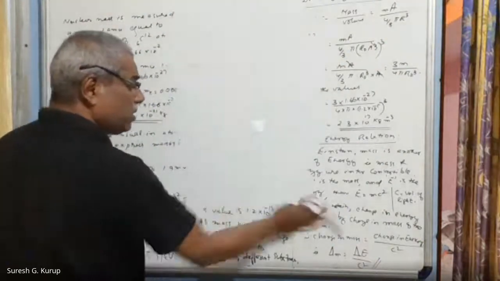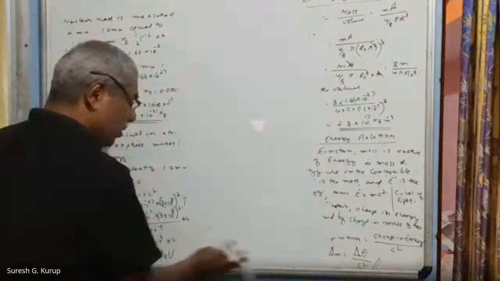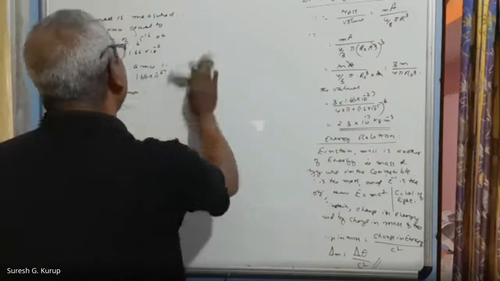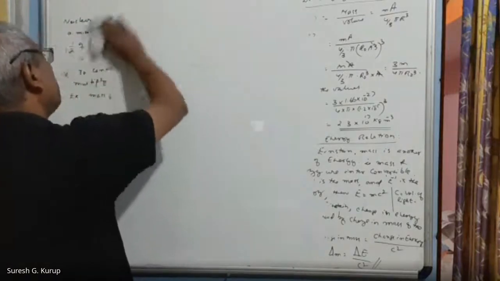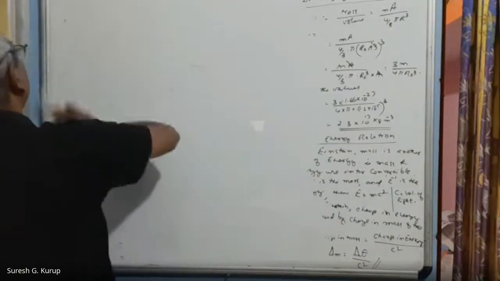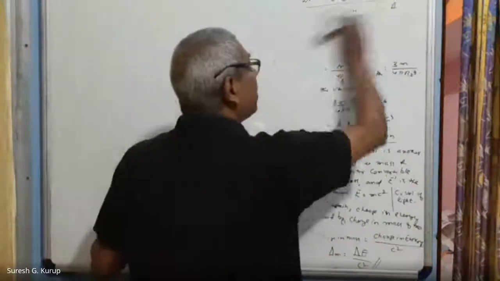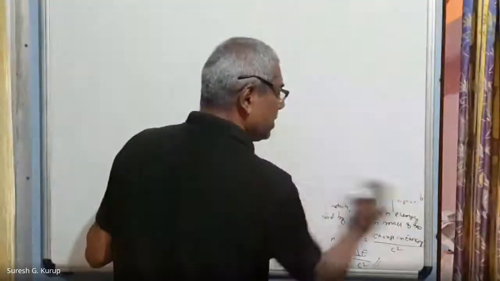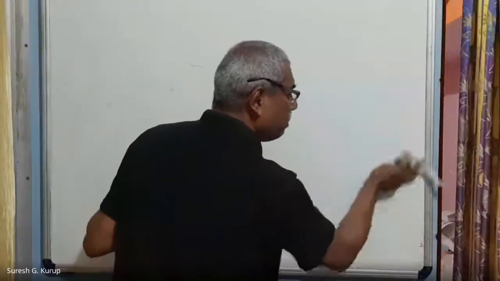When a nucleus is constituted by bringing nucleons from different locations, I mean infinite locations, it is seen that the total mass of the nucleons when separately calculated, and the mass of the nucleus measured after making it an assembly, show a slight change in the mass.